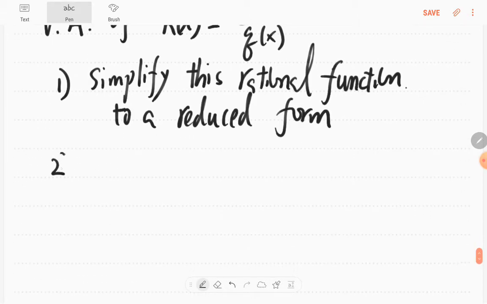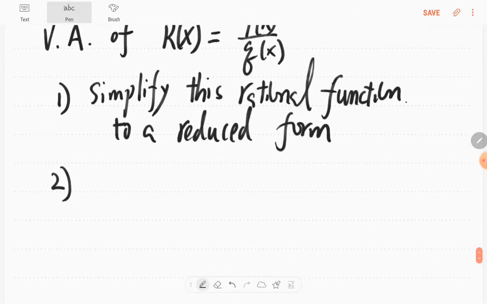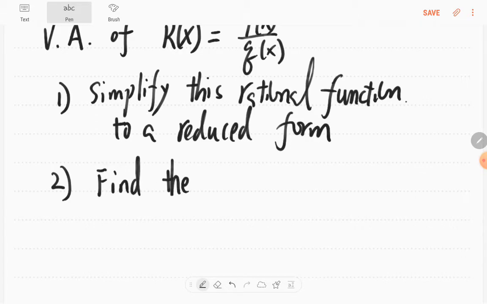The second step is that you find the zeros of the denominator Q(x). Find the zeros of the denominator Q(x).